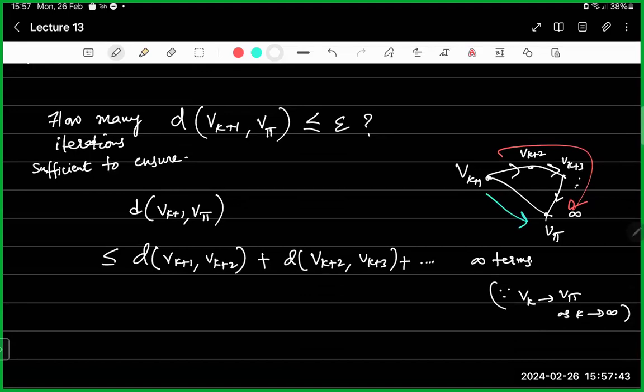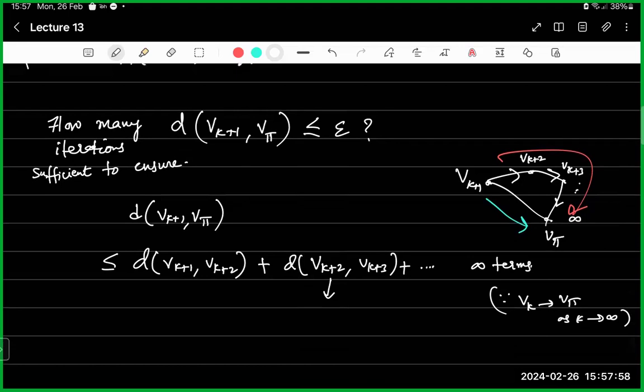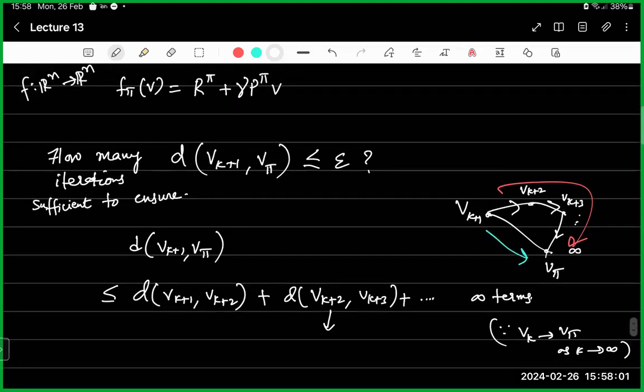Now, can we write v k plus 2 in terms of v k plus 1? What is v k plus 2? It is f pi of v k plus 1, right? That's how we are deciding. What is our iteration? This is our iteration, right? v k plus 1 equal to f pi of v k. That's what we are iterating over.